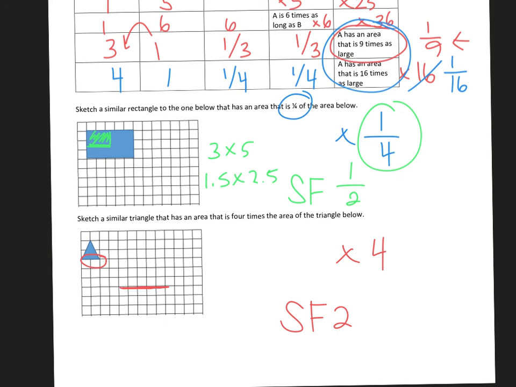And then noticing right here that it's going up 2, right 1, I'm going to go up 4, right 2. So I'm going up 4, right 2, and then the same way over here, up 4, right 2. So this is my new triangle.